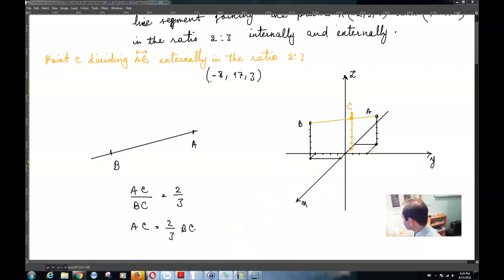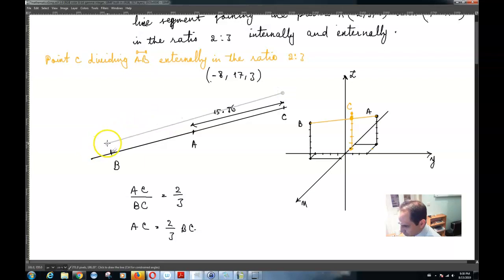right now what I got over here was the line segment was something like this, and I got these points over here as, for example, C, and AC was 15.36. This distance was 15.36, and BC was 23.04.